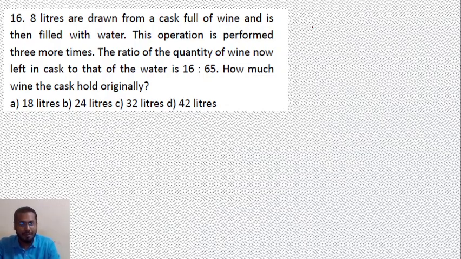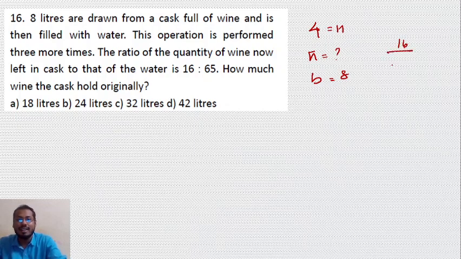So the number of operations is 4 times, so n is 4. A we need to find. B is 8 liters drawn, and the ratio is given as 16/65. But if you want to speak about the wine, you need to write only about wine.